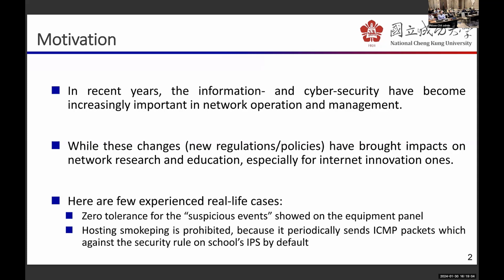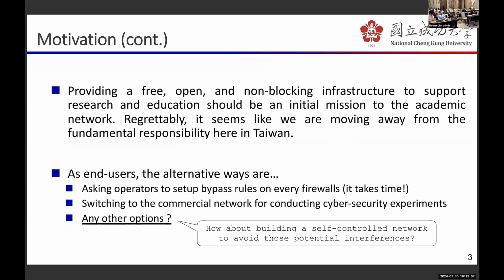So that's a problem. Providing a free, open, and non-blocking infrastructure to support research and education is the mission of the academic network, but it seems we are moving away from that fundamental responsibility here in Taiwan. We are the end users, so what are the alternatives?